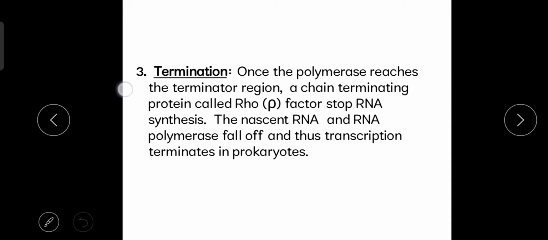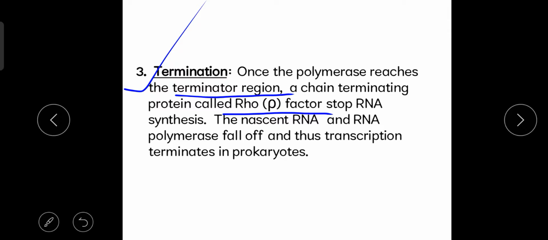And the last step is the termination. In termination, when the RNA polymerase enzyme reaches the terminator region in the template DNA strand, another factor called the Rho factor helps in the termination of this transcription process.